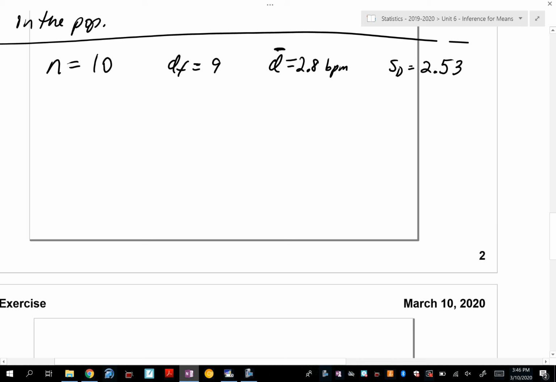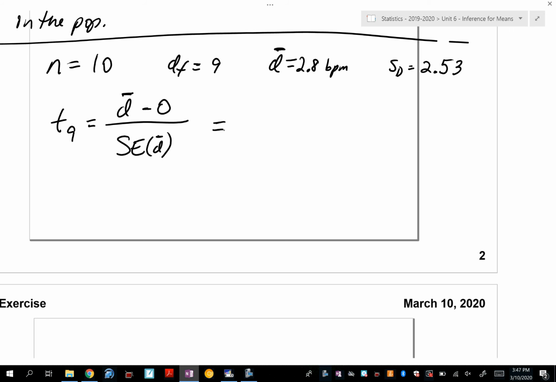Okay, so let's do our formula. It's T with degrees of freedom of 9 equals D bar minus 0 over the standard error of D bar. Let me say it again. We're finding our T value.